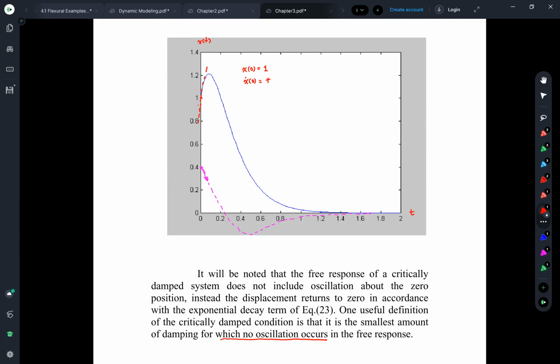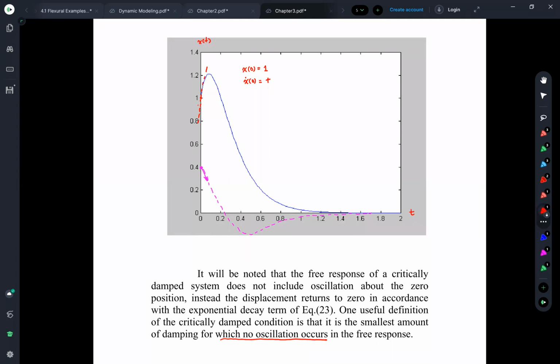For the critical damped system, it might confuse you when I say it can have positive and negative displacement. They can change from positive to negative. You may be confused, why? Because there's no sine and cosine term. That's why I need the pink plot to show you.